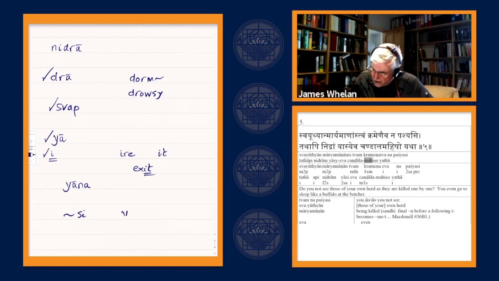So nidram, and the verb ending, second person singular, si. So yasi, you go. Nidram yasi, you go into a drowse, you're going into a sleep. Nidram, so nidra, go back to the top here. Nidra is the nominative form, it's a feminine noun, and it makes its accusative with nidram.